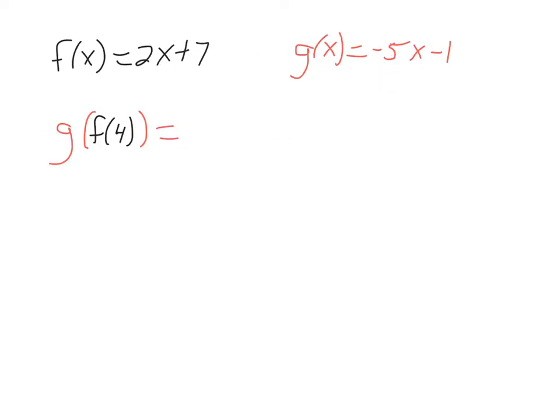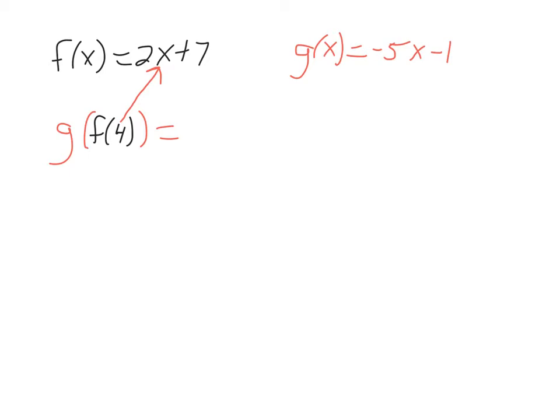Alright, we still have our same functions, f of x, 2x plus 7, and g of x, negative 5x minus 1. Now here we have the f and a number 4, and then we also have the g. So what this is saying is, you're going to take the 4, put it in for the x, and solve it.